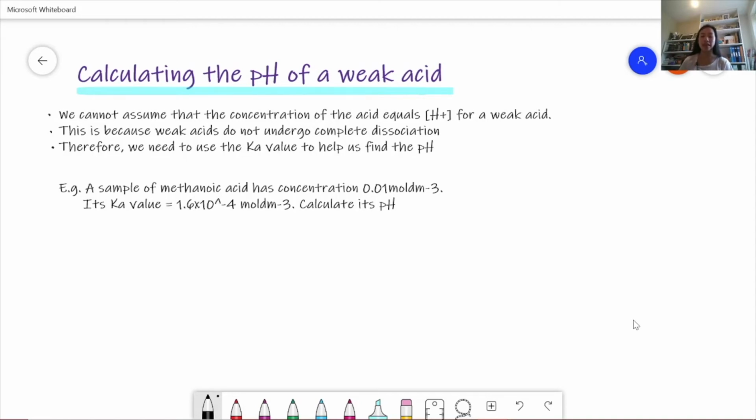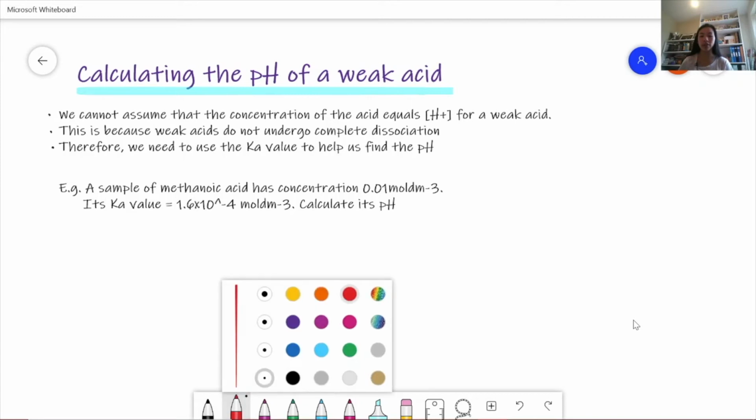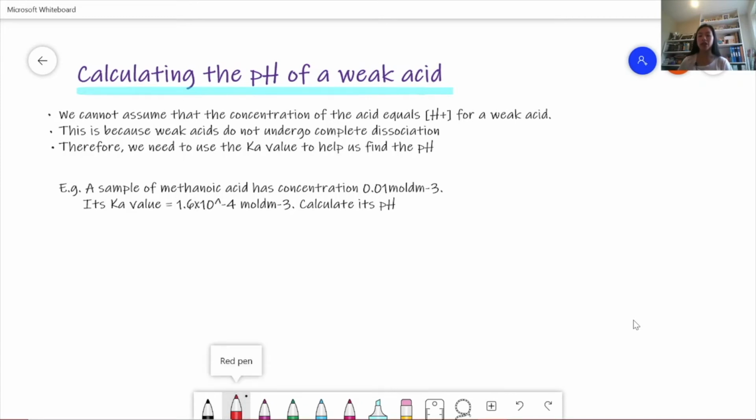So looking at this example, a sample of methanoic acid has a concentration of 0.01 moles per decimeters cubed. Its Ka value is 1.6 times 10 to the minus 4 moles per decimeters cubed. Calculate its pH. So the first thing we do is write out the equation.